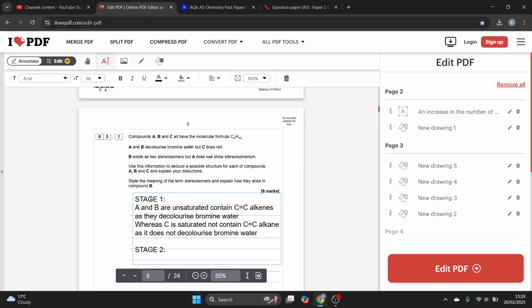Stage 2, suitable names for A, B, and C. So for A, well, I know it's unsaturated. It contains a carbon-carbon double bond, so it can be pent-1-ene.